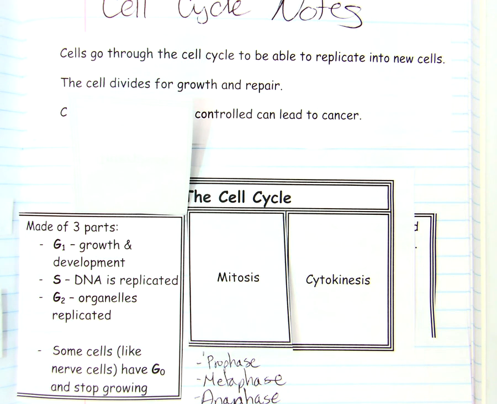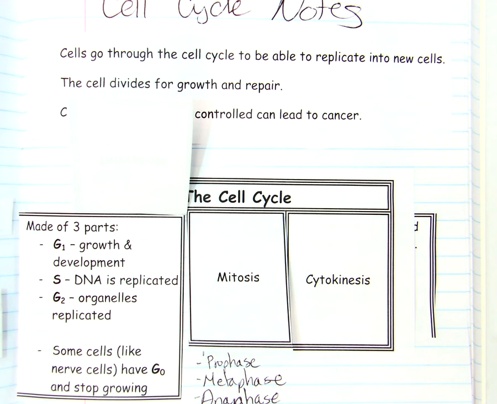There's G1, the cell grows and develops and is doing whatever its little cellular job is. The heart cell, it's beating. The nerve cell, it's carrying information. The skin cell, it's providing protection. During the S phase, the DNA is replicated.